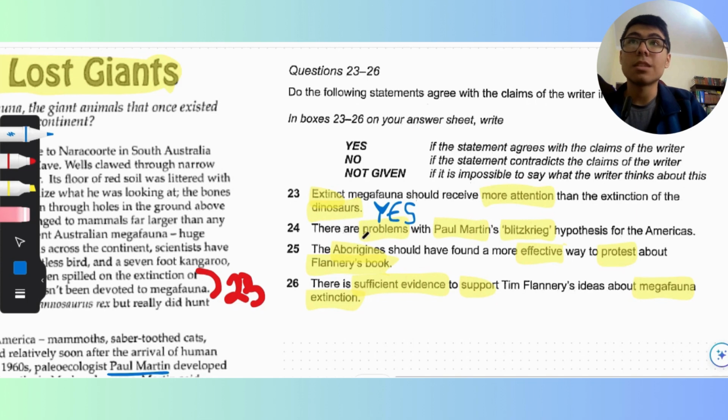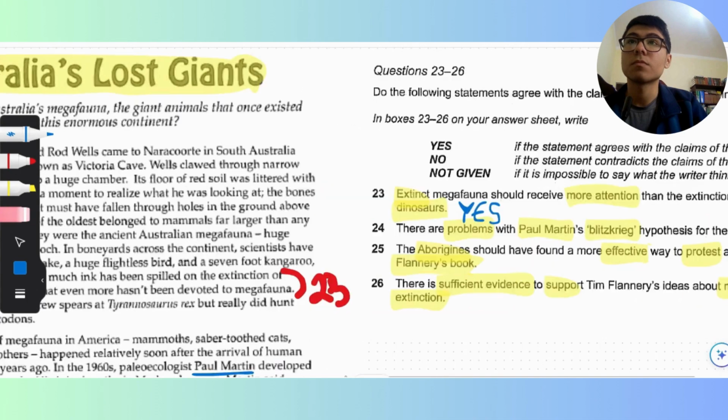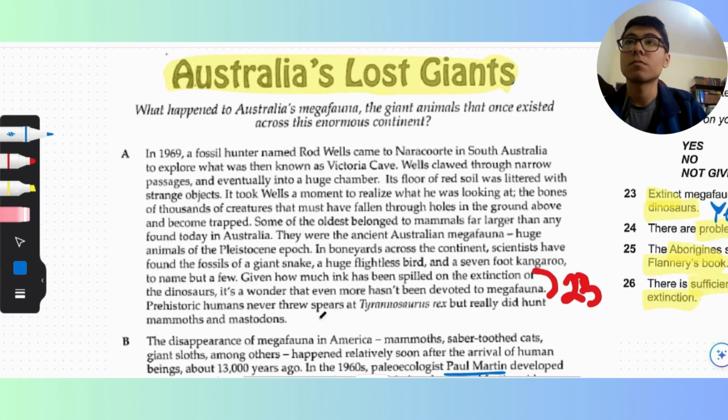There is nothing about problems, although there is a reference to Paul Martin and also a reference to the Blitzkrieg hypothesis. So the answer is not given. Not given. Let's continue reading.